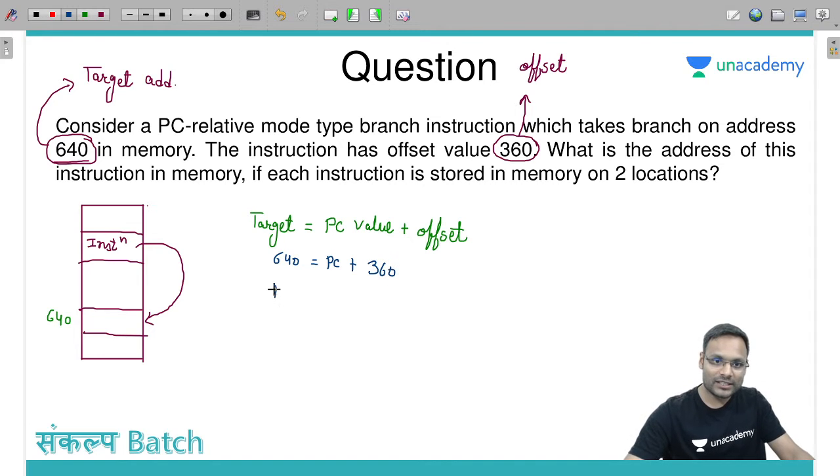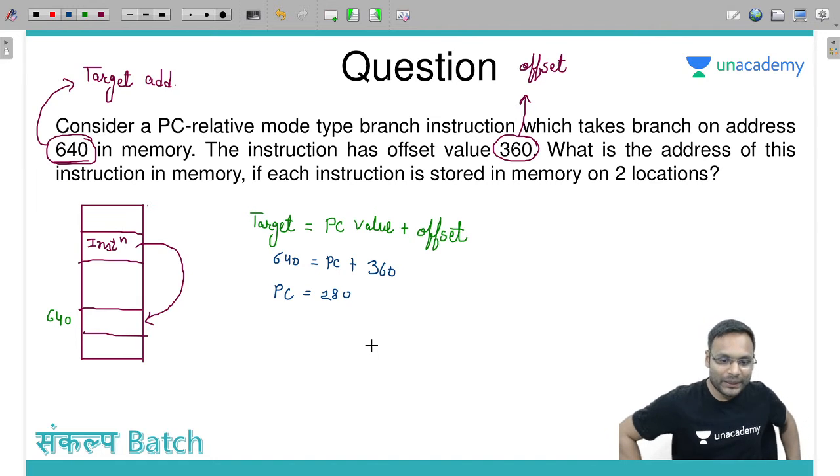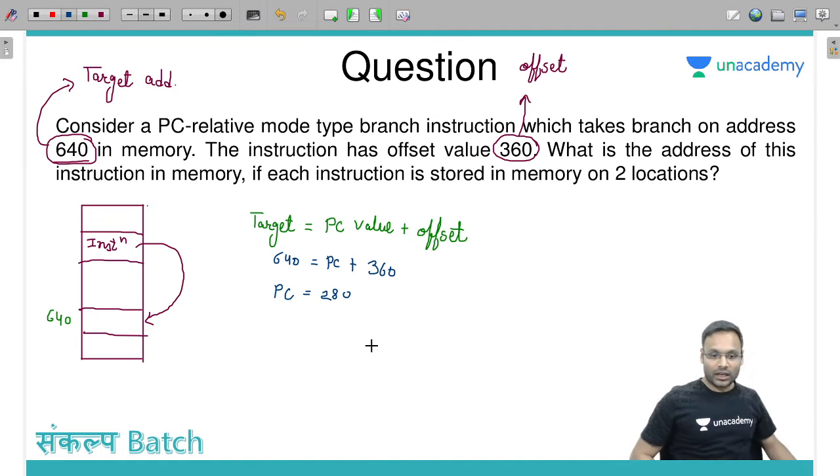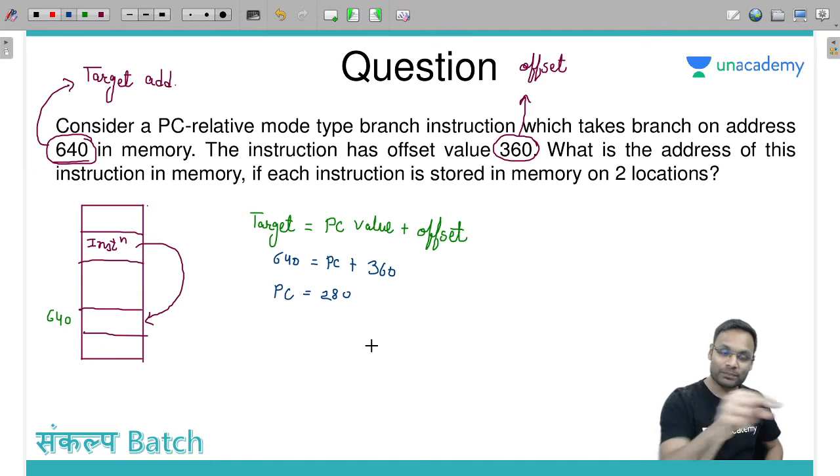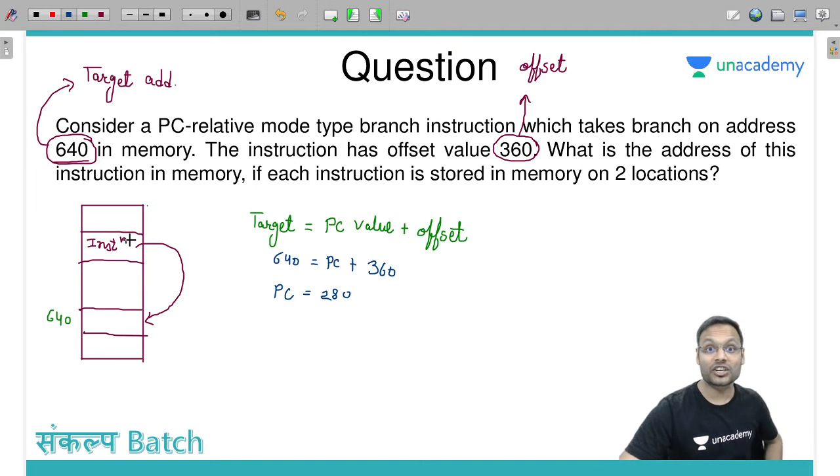Can you tell me what is the PC value? PC value is 280. Now, does PC hold this branch instruction's address or the next instruction's address? Next instruction's address.